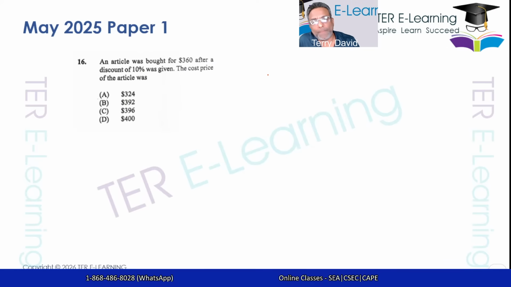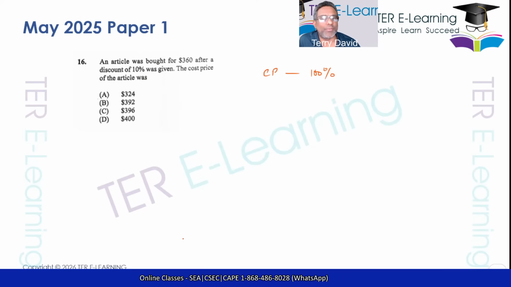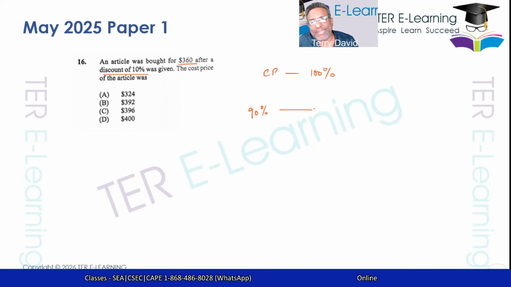When you're dealing with cost price and selling price, your cost price is assigned a percentage value of 100%. Now they're saying that you paid 360 for the item because you got a discount of 10%. So that means you actually paid 90% of the value. Now 90% of the value in this case is equivalent to $360.